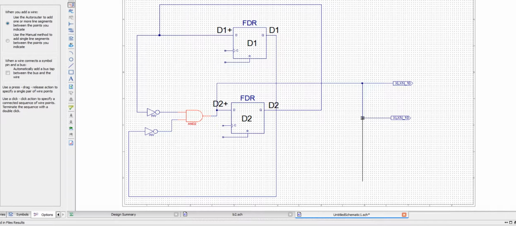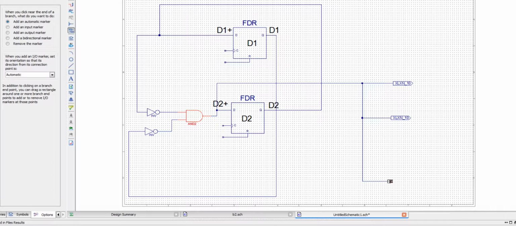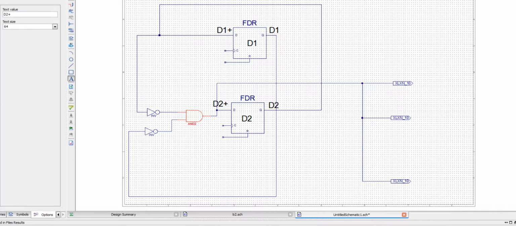So that's B, and that's C, and that's G. Okay, and now let's name them: B, C, and that's output G. Okay, and this is done.